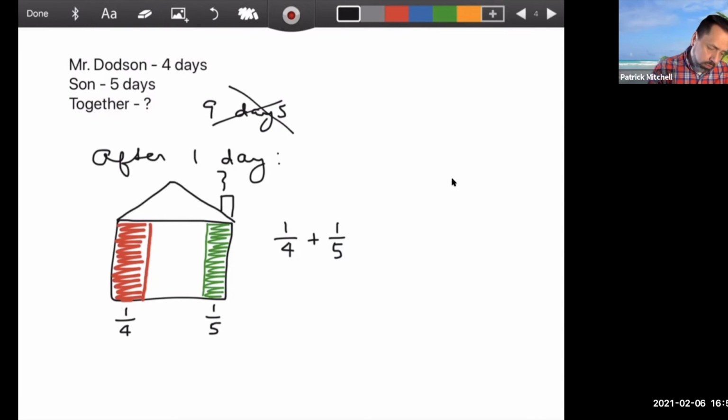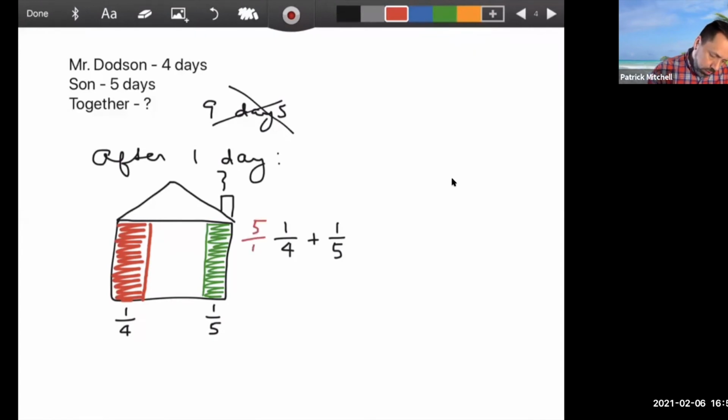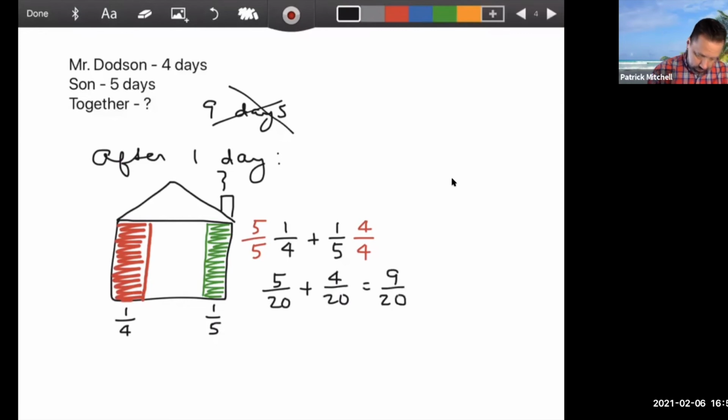Hopefully you can almost do that in your sleep. You get your common denominator, which is 20. Multiply that by 5/5, multiply that by 4/4, and that gives you 5/20 plus 4/20, which is 9/20. They get 9/20ths of the house painted.